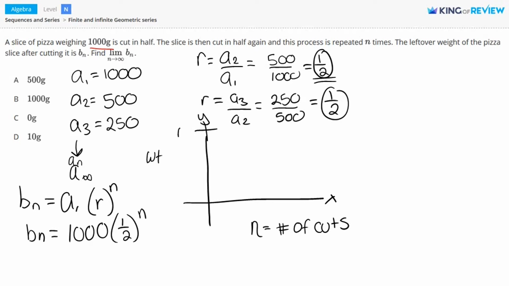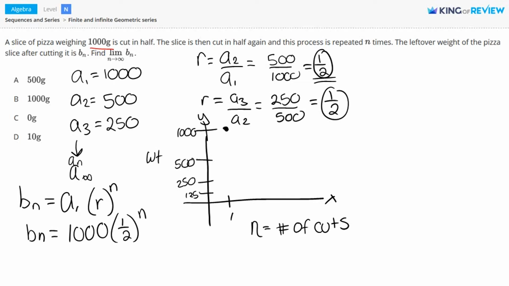So we're starting at 1,000. So when we're starting out, our first term is A1. That's right here.